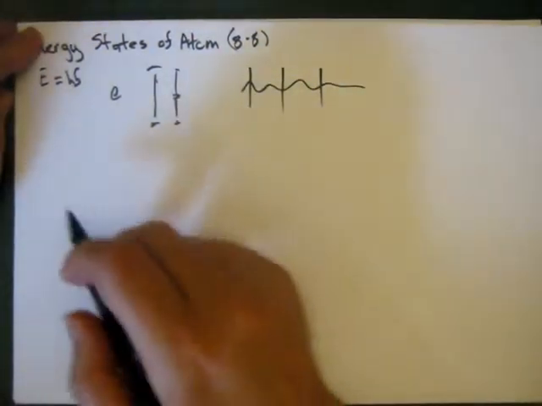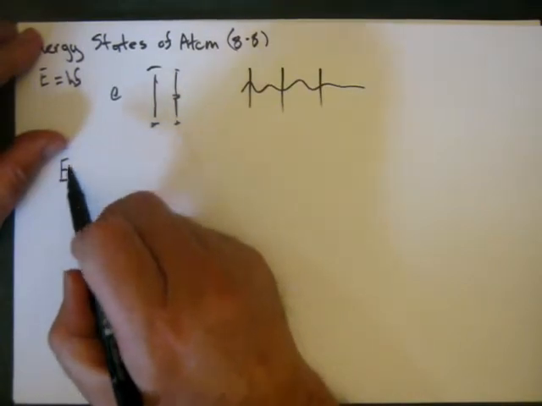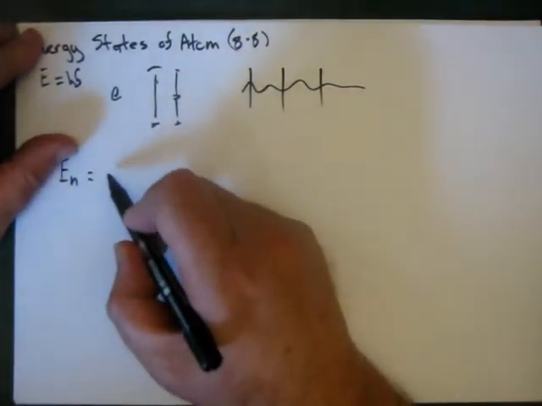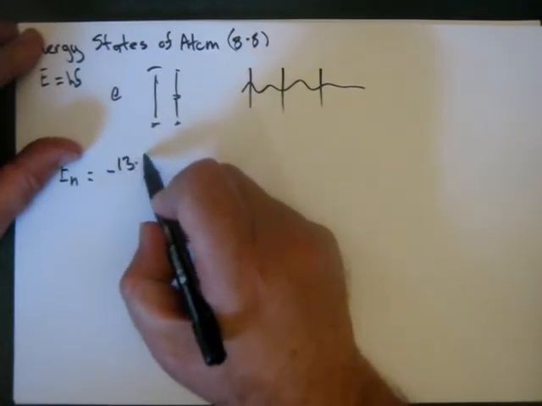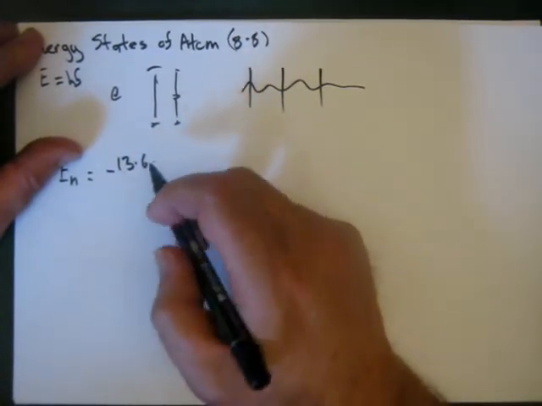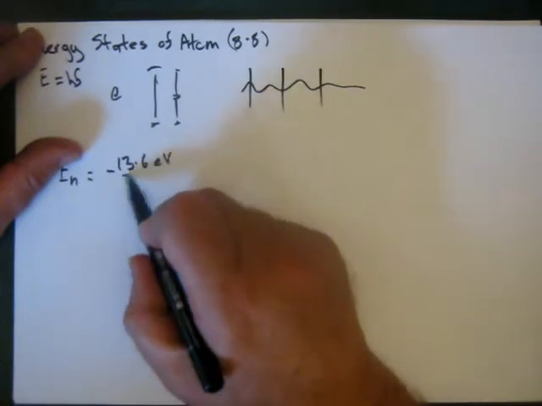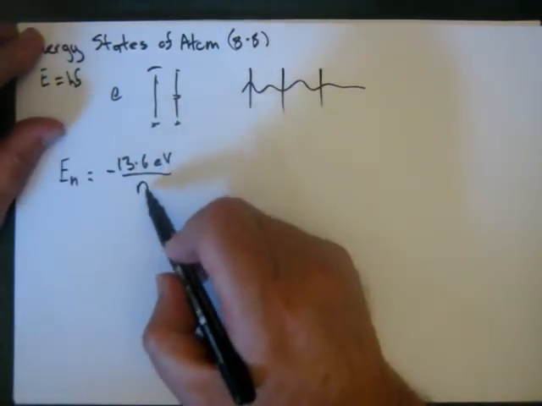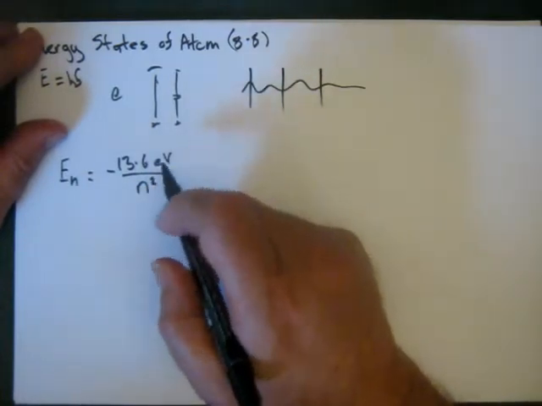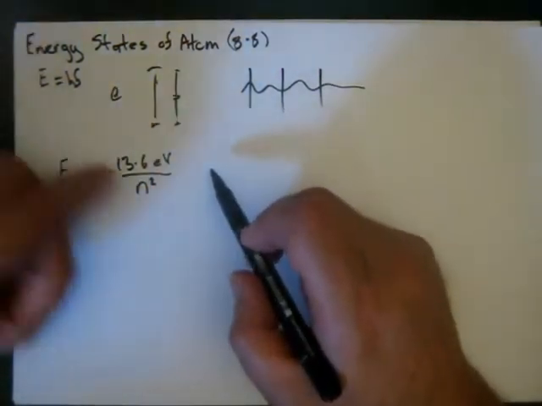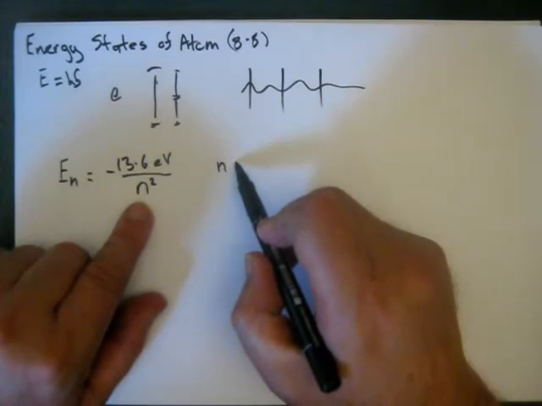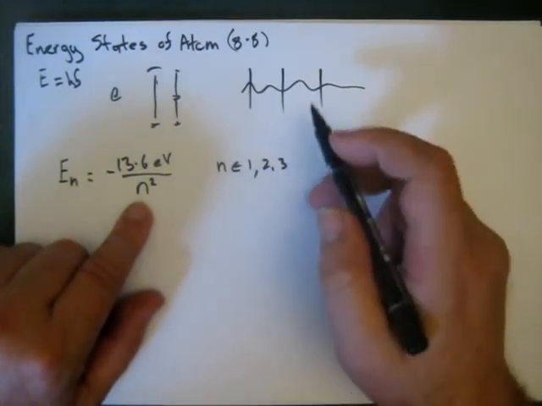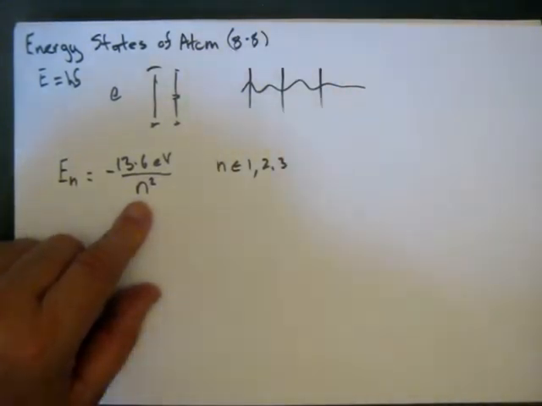And he came up with this formula: the energy at any specific point is equal to negative 13.6 electron volts over some factor which we're going to call the level, squared. But this value n is an integer value: 1, 2, 3, 4, very specific.